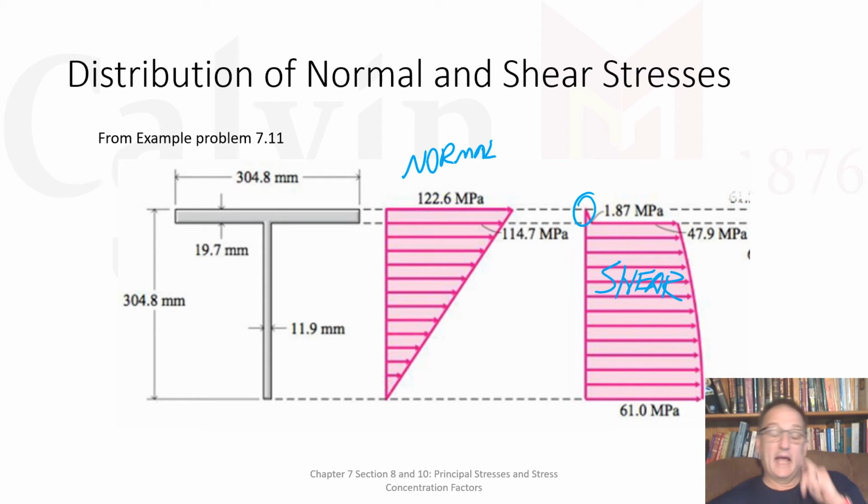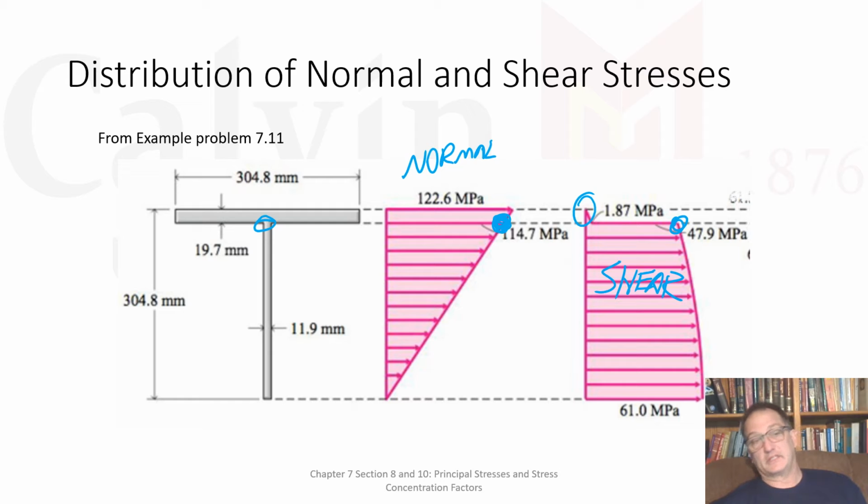So here's our shear stress, and it shows up high in the web. At the junction between the web and the crossbar, that's where we get both. We're very much towards the high end of the normal stress, and we're doing okay for the shear, and so we get a larger principal stress.